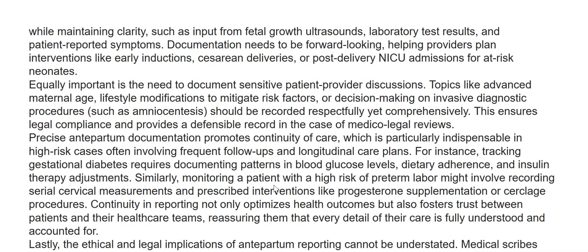Similarly, monitoring a patient with high risk of preterm labor might involve recording serial cervical measurements and prescribed interventions like progesterone supplementation or cerclage procedures. Continuity in reporting not only optimizes health outcomes but also fosters trust between patients and their healthcare teams, reassuring them that every detail of their care is fully understood and accounted for.